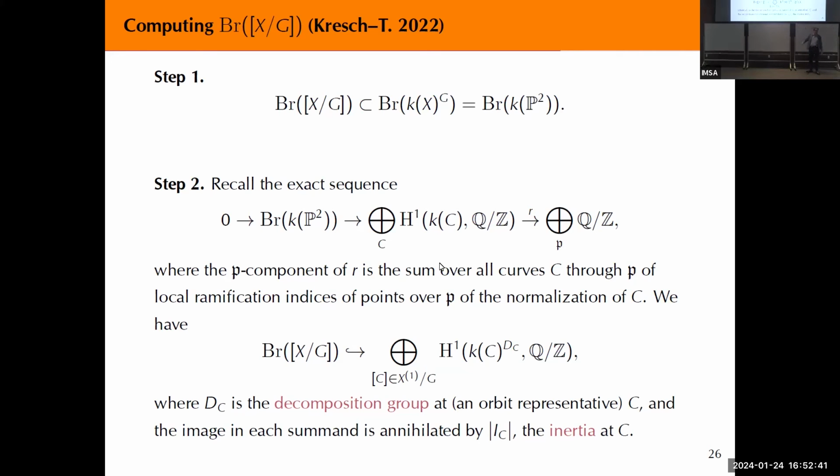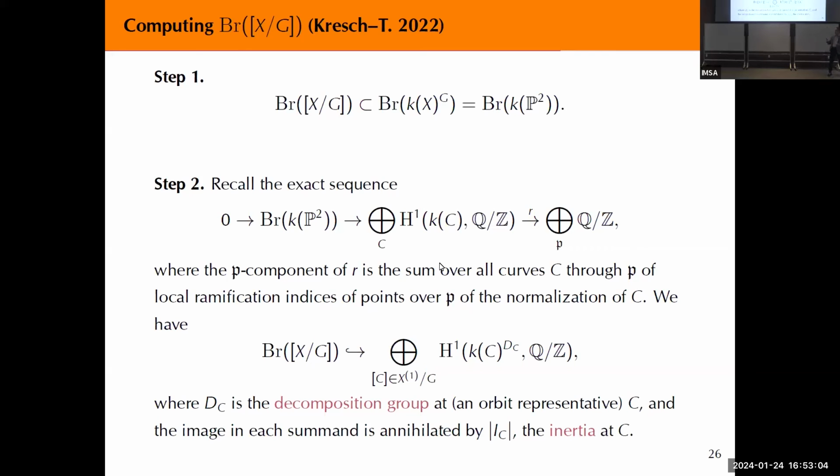So if the order of inertia is 1, it's a curve. If it does not have generic stabilizer, then you don't see it at all in the computation of the Brauer group of the quotient stack. And so immediately, for the cyclic group acting on the surface, you find some curves which have non-trivial stabilizer, and those are the only ones that you need.